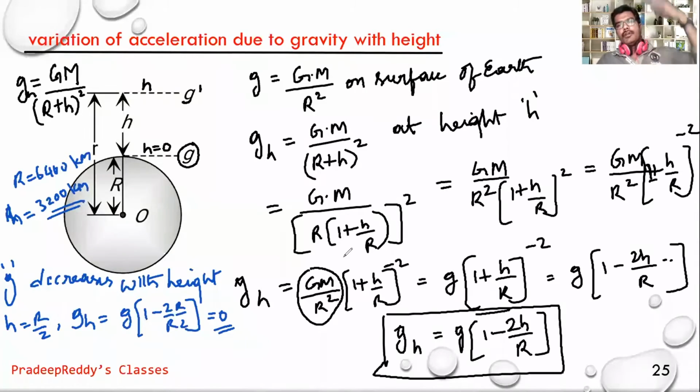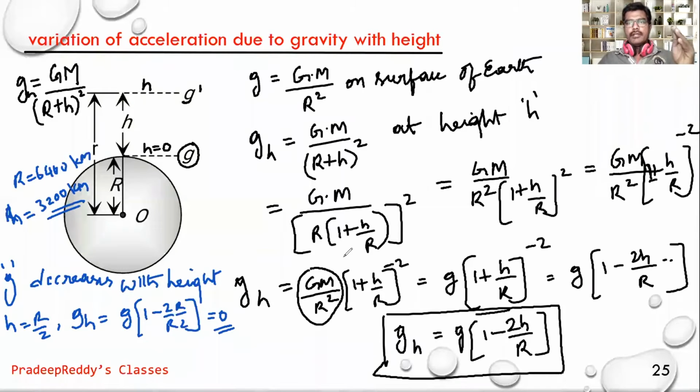That means as you go to higher altitudes, as g decreases, at a certain point acceleration due to gravity should become 0, and that position is nearly 3200 kilometer from the center of the earth.